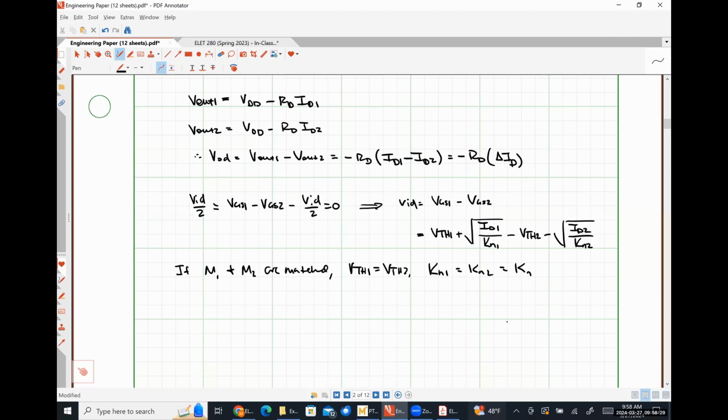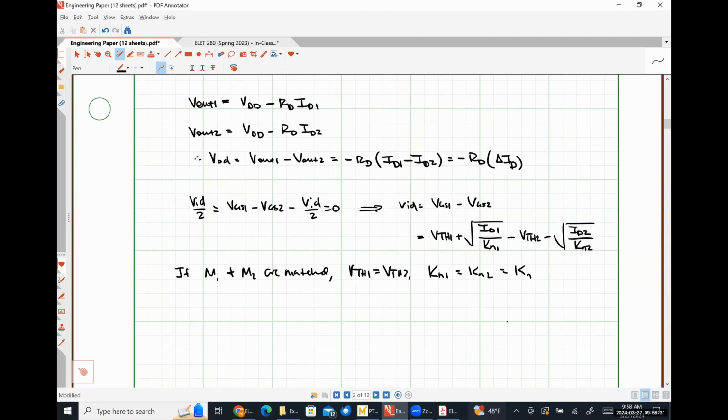I'm going to factor out that 1 over the square root of K. And so we're going to have VD is equal to 1 over the square root of Kn times the square root of ID1 minus the square root of ID2.